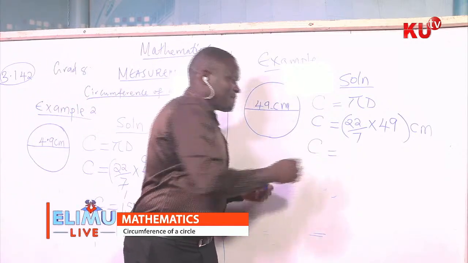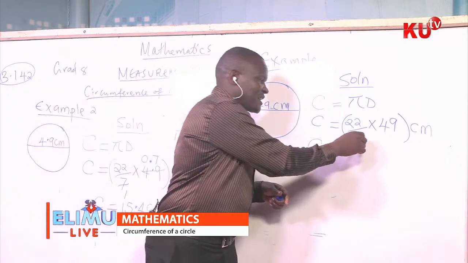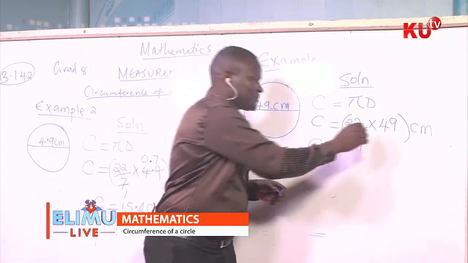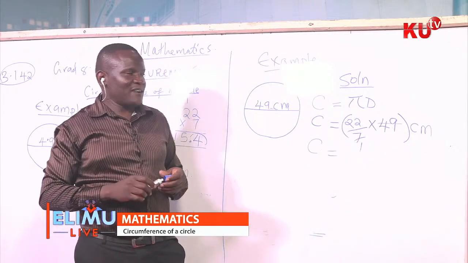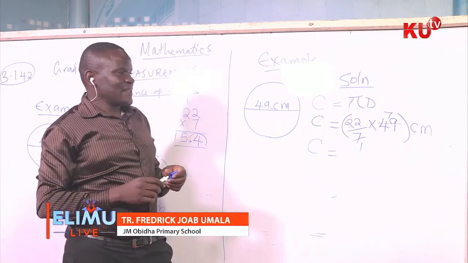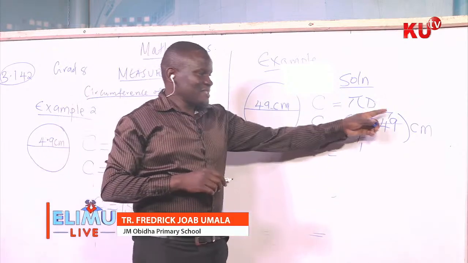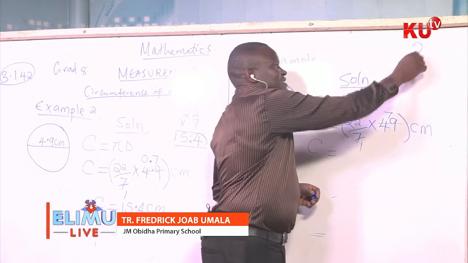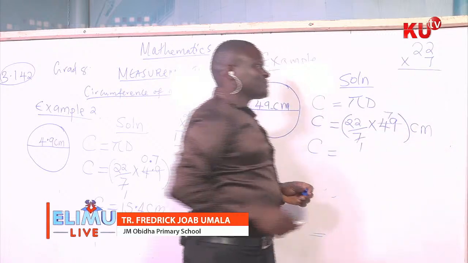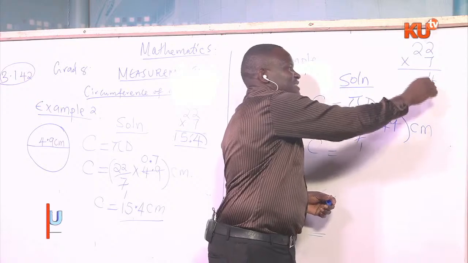Circumference, therefore, let's work out. 7 into 7 once, into 49, 7 times. So we have 22 times 7. 22 multiplied by 7. 2 times 7 is 14.